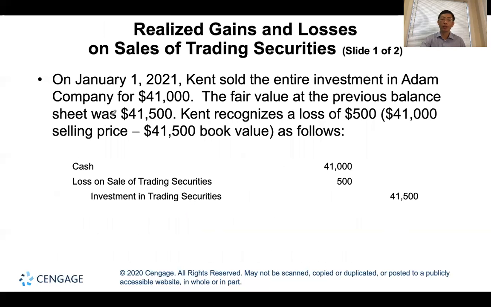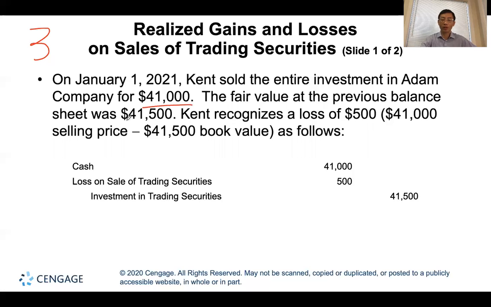And then realize the gains and losses. That is procedure 3. That is, you sold this security and how much money you made as a profit or a loss. So in this case, on January 1st, 2021, Kane sold this entire investment for $41,000.